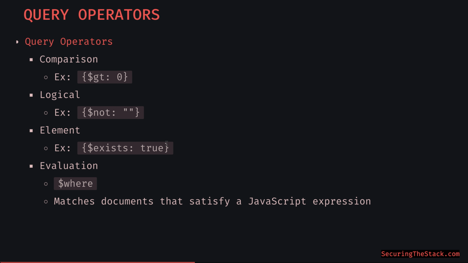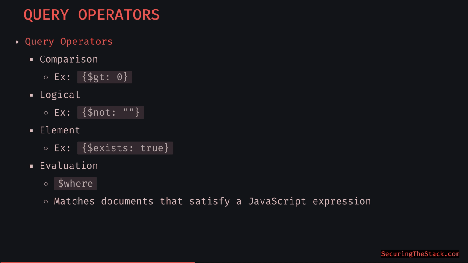And then here's a really interesting one, the evaluation query operator, which is through $where. It matches documents that satisfy a given JavaScript expression. Mongo is a lot less permissive than it used to be. Now they basically have a whitelist of certain JavaScript functions or expressions that you can invoke.